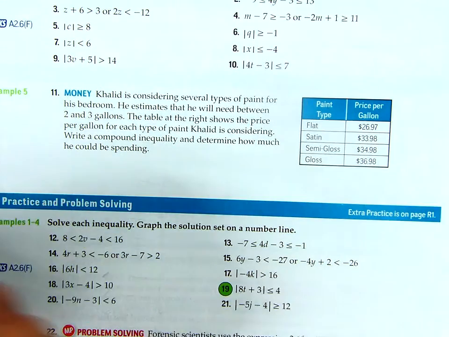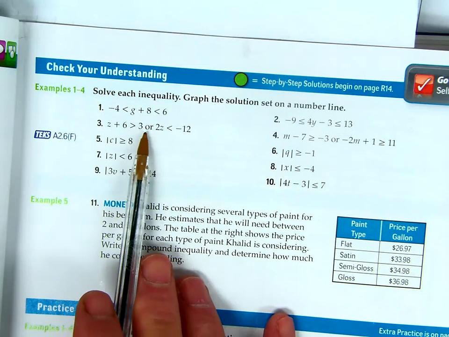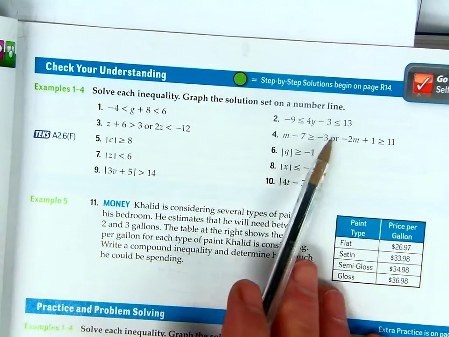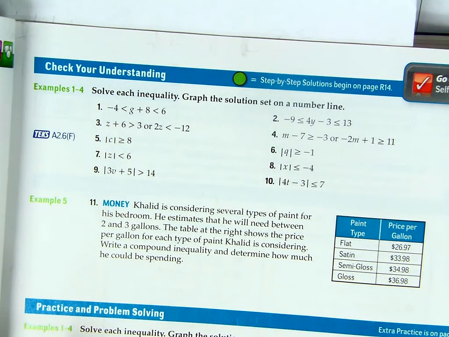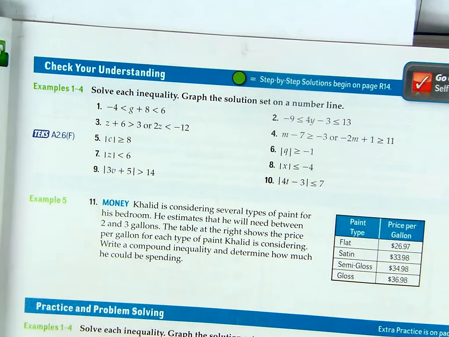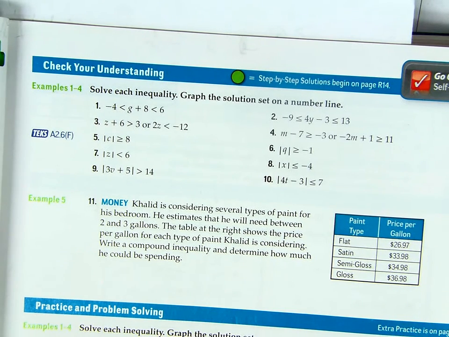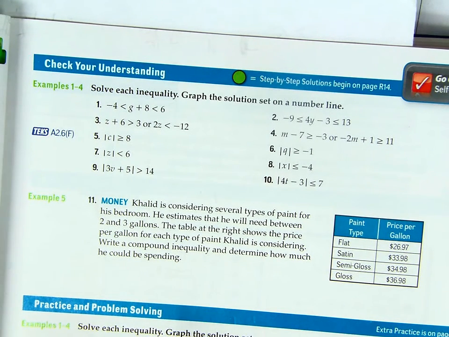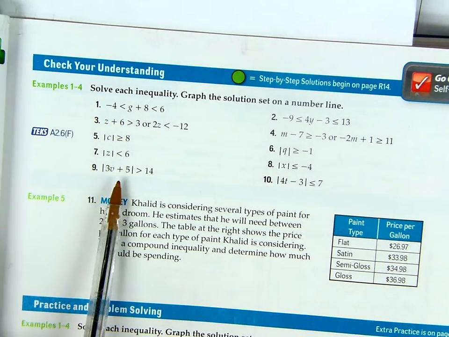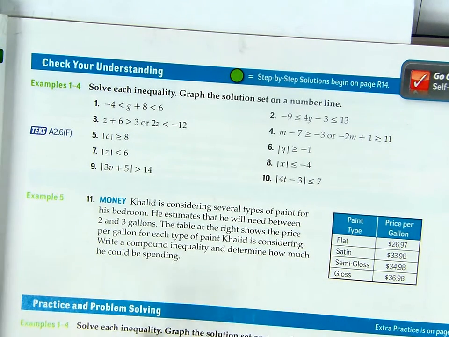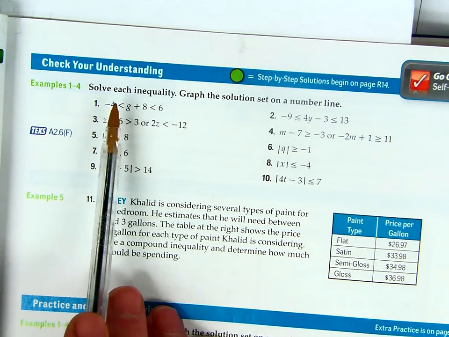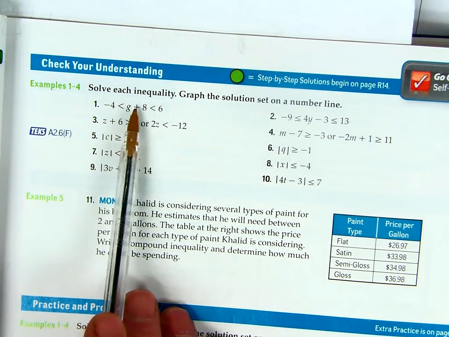If it's going to be an or, it will specifically say or. With absolute values, sometimes there'll be an and and sometimes there'll be an or. This is an and.